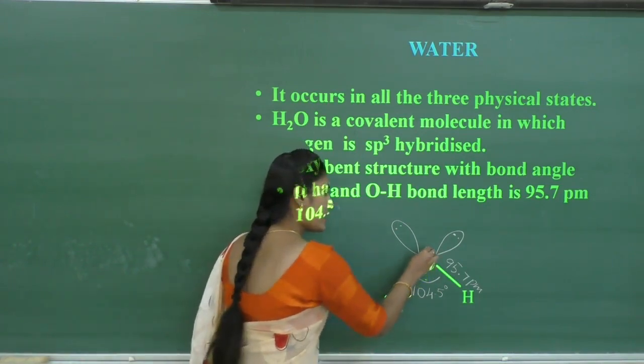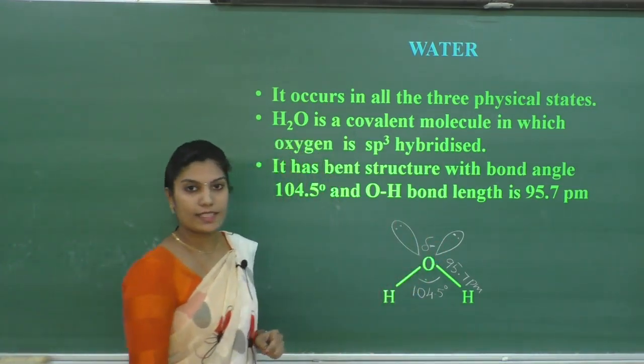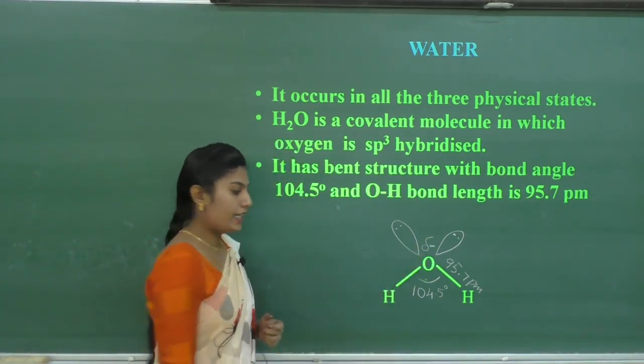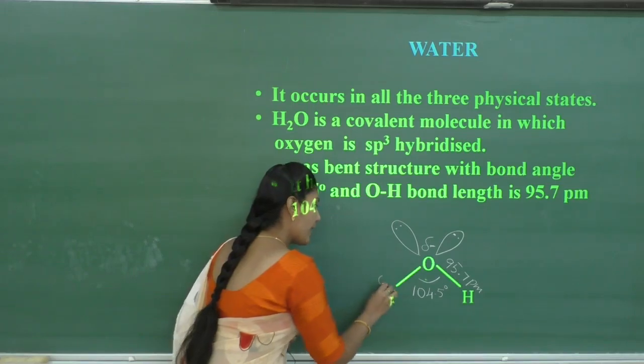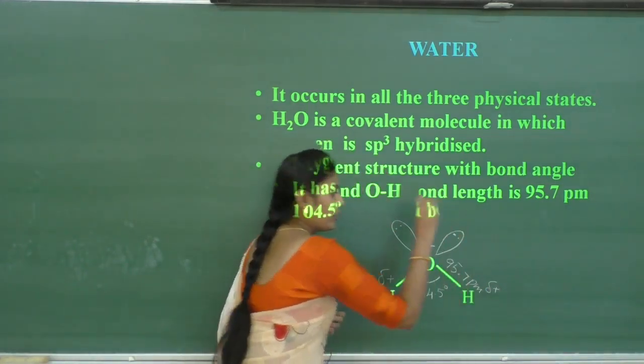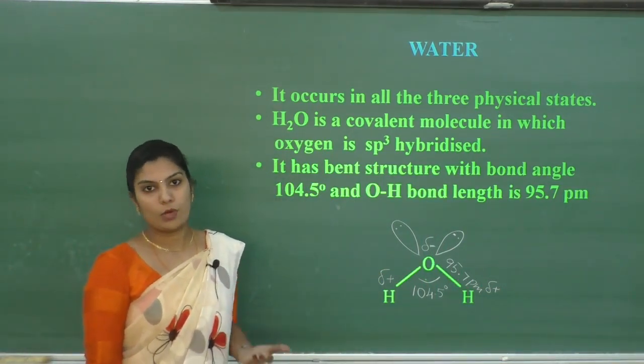Therefore oxygen carries a partial negative charge, represented by delta minus, and hydrogen carries a partial positive charge. Therefore, we can say water is a polar molecule.